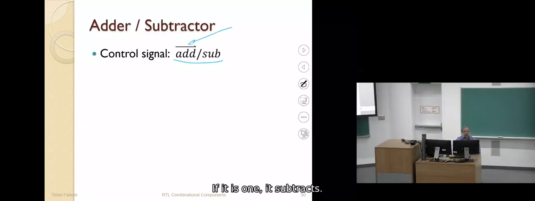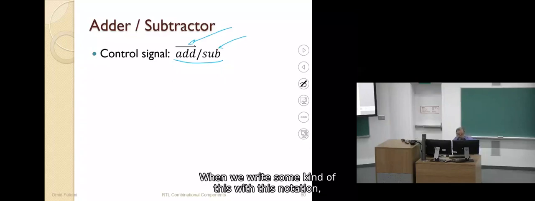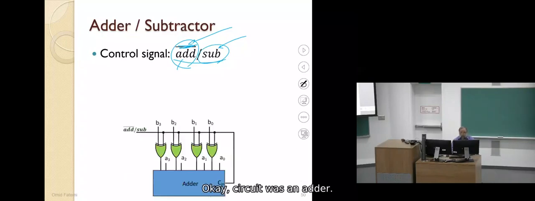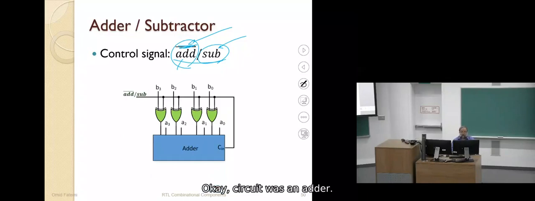If it is 1, it subtracts. When we write this with this notation, you find out if it is 0, it means add, because it is active low for add. When it is 0, it adds. If it is 1, it is active high for sub, so it subtracts. So let's build a circuit doing that. Okay, our circuit was an adder.